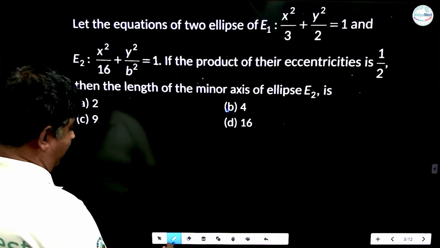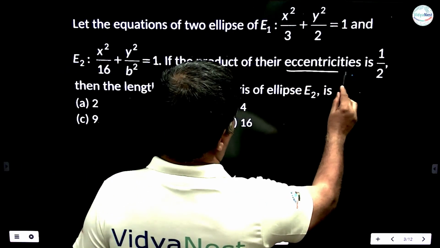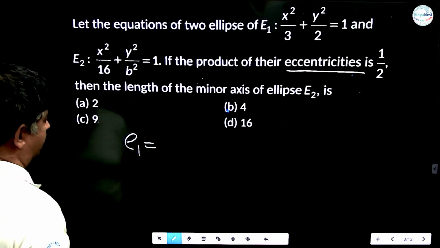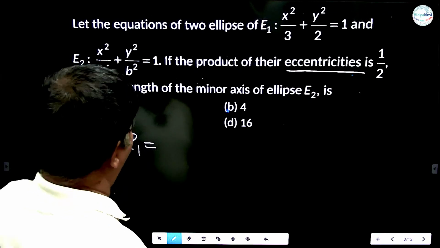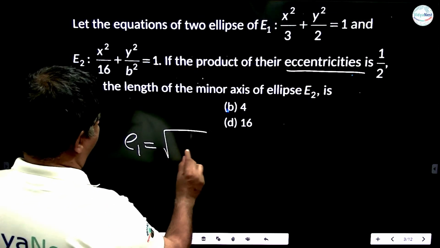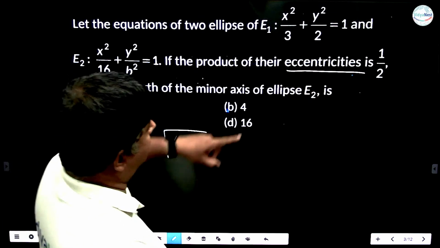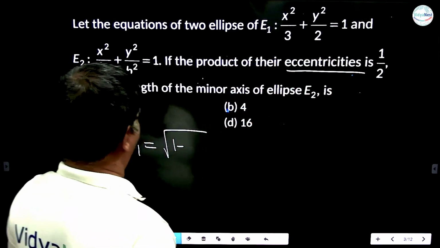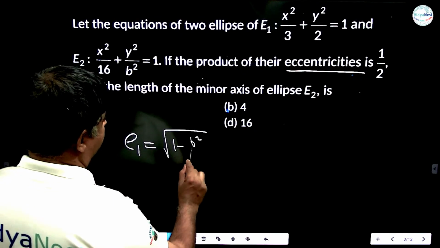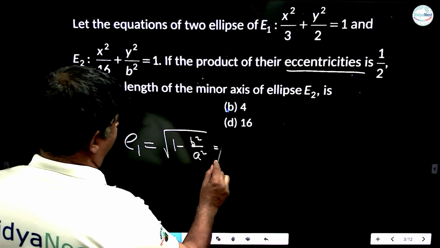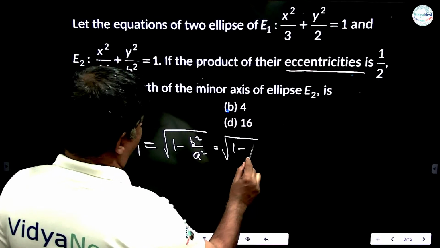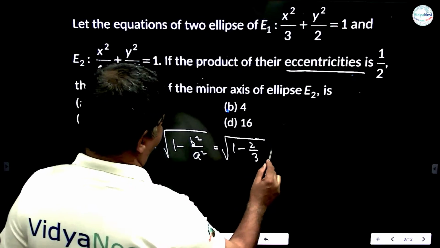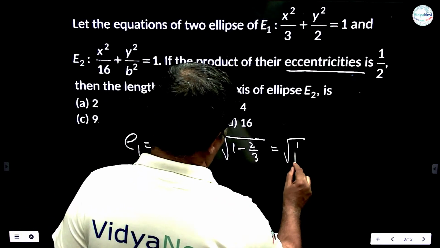I'm letting the eccentricity of the first ellipse be E1, that is root over of 1 minus b square by a square, since here a square is greater than b square, so not a conjugate ellipse. 1 minus b square by a square, 1 minus b square is what? 2 by 3, 1/3.